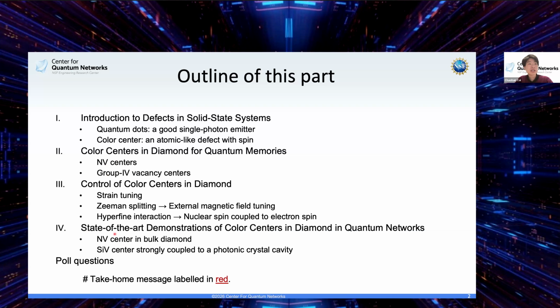At the end, if we still have time, I can show some papers that tell you more about the two state-of-the-art demonstrations of using color centers in diamond as quantum memory in quantum networks, which Ido has already mentioned. Later on, we have our poll questions. I will label the take-home messages in red.